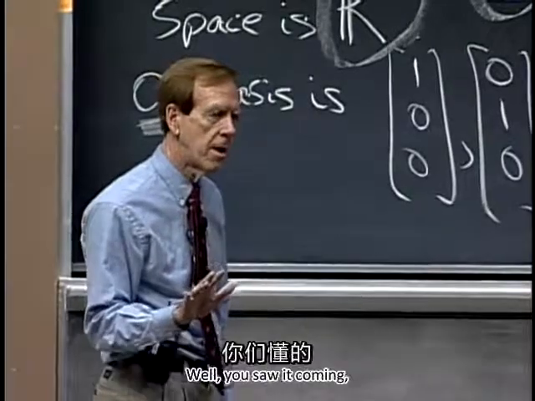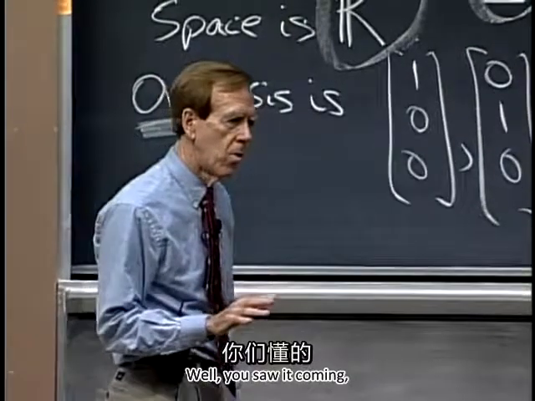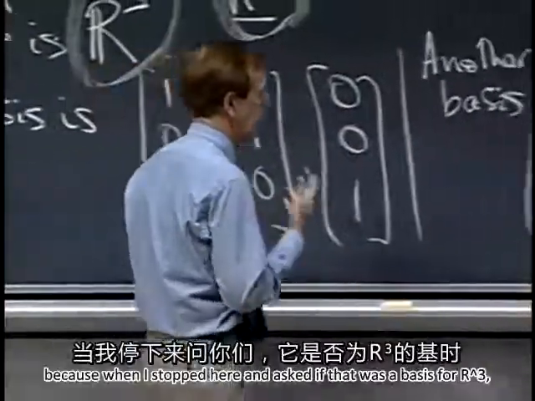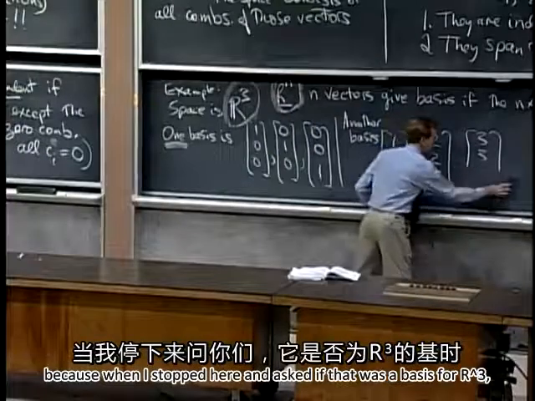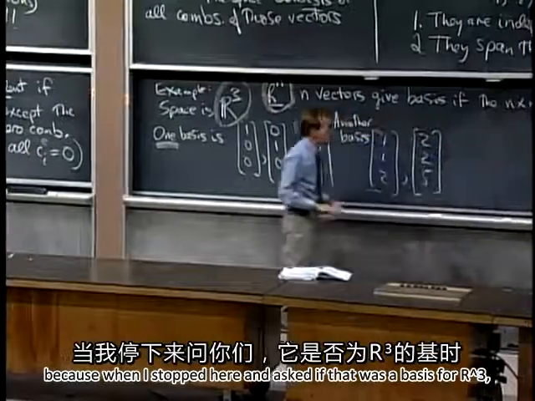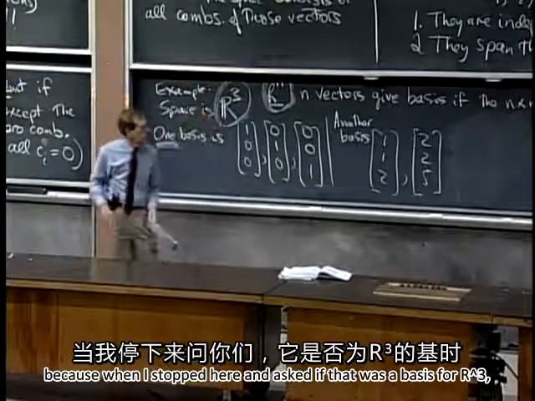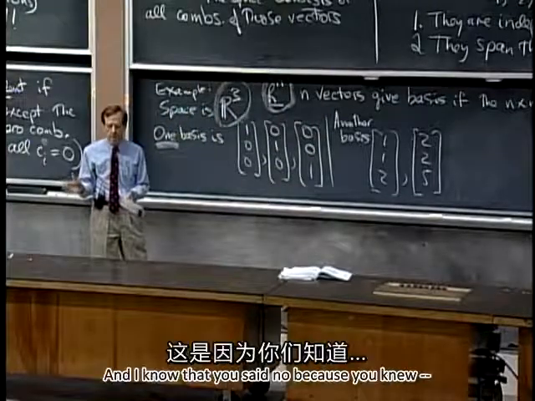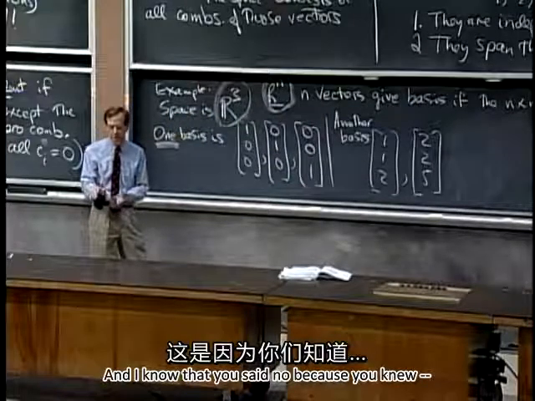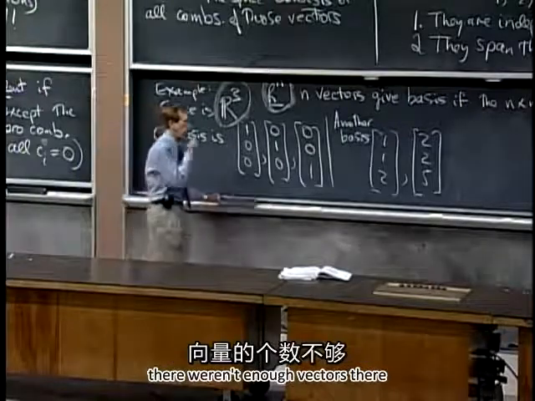And what's that? Well, you saw it coming because when I stopped here and asked if that was a basis for R3, you said no. And I know that you said no because you knew there weren't enough vectors there.